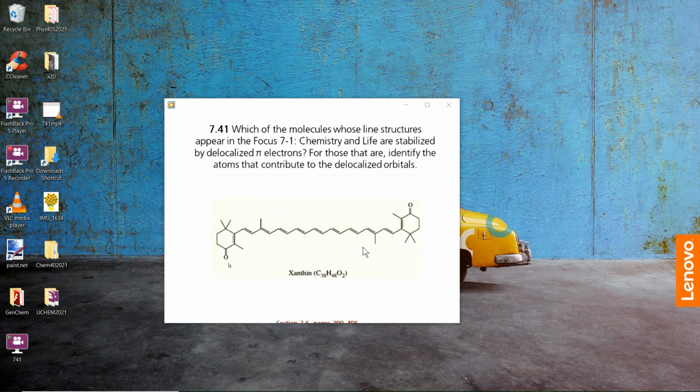That one has delocalized pi electrons. We've got double, single, double, single, double, single, all the way through. So xanthan is one where you do have a large exhibition of conjugation. It's a delocalized pi system, which makes it more stable than if it wasn't delocalized.